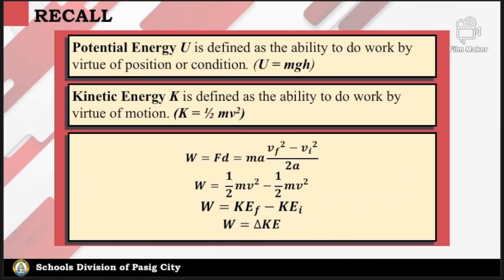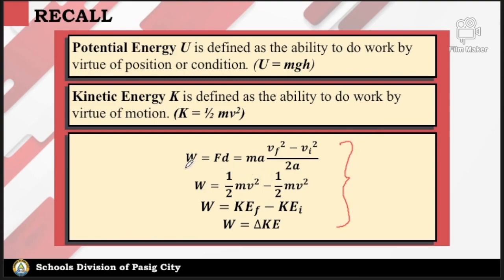Let us also recall that potential energy is defined as the ability to do work by virtue of position or condition, given the equation U is equal to mgh. While kinetic energy is defined as the ability to do work by virtue of motion, given the equation K is equal to 1/2 mv squared. The work energy theorem tells us that the work done is equal to the change in kinetic energy.